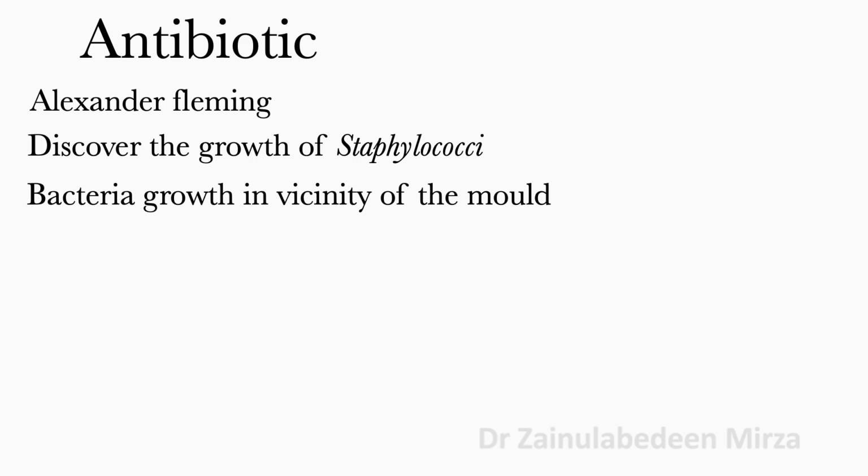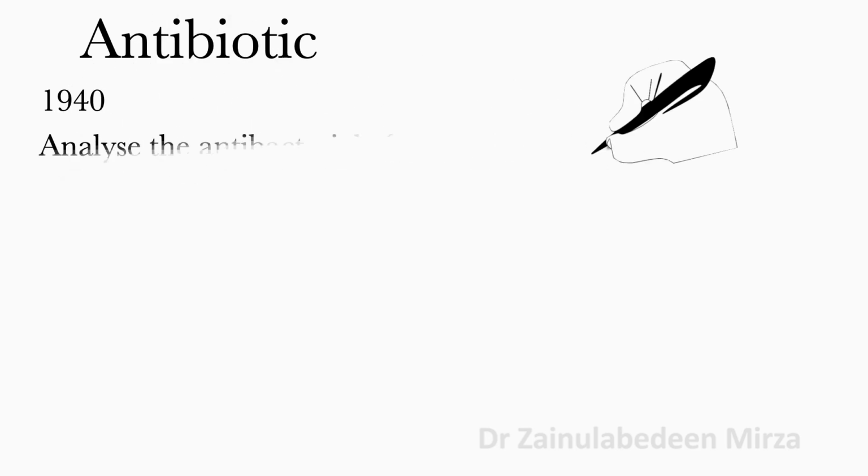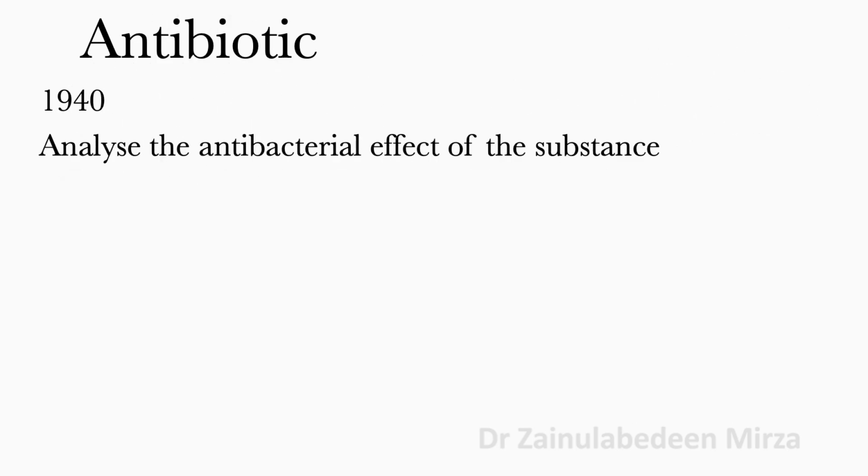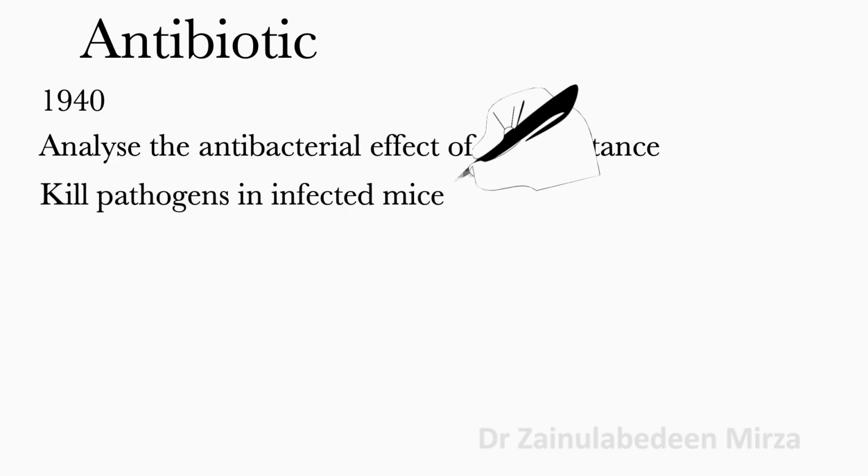Alexander Fleming isolated the mold, which produced an antibacterial substance called penicillin. Florey, Chain, and their colleagues at Oxford in 1940 analyzed the antibacterial effect of the substance, and they showed that it was non-toxic to the host but killed the pathogens in infected mice.